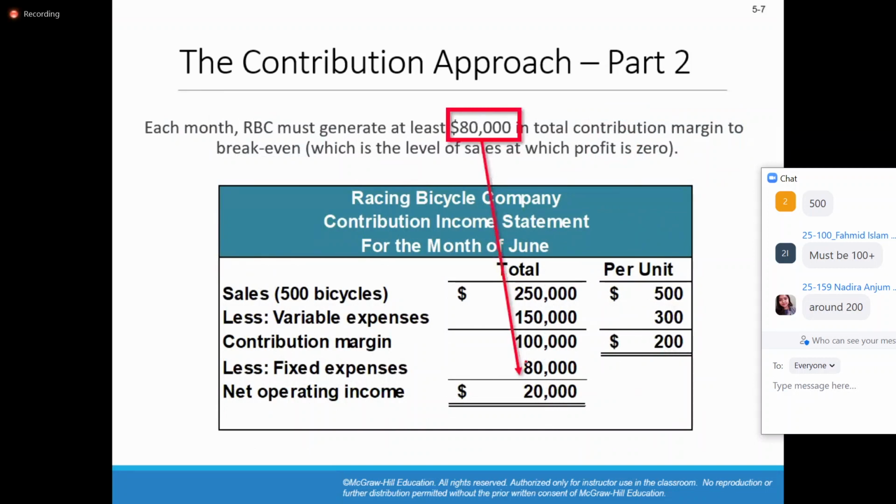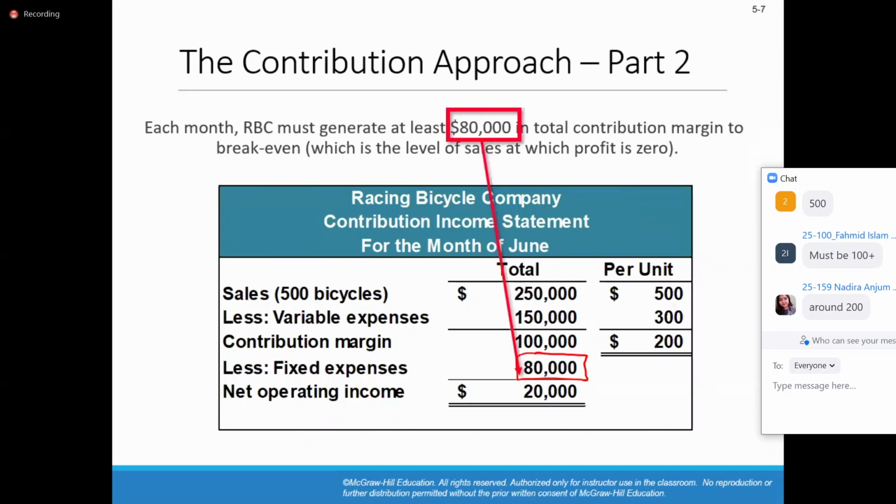Now, what are my fixed expenses? The fixed expenses of the racing bicycle company is 80,000.